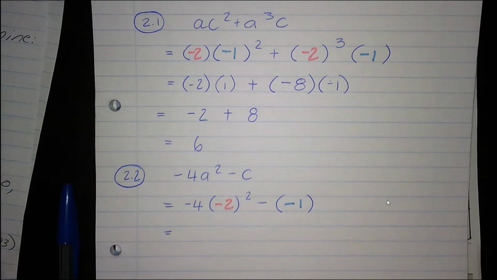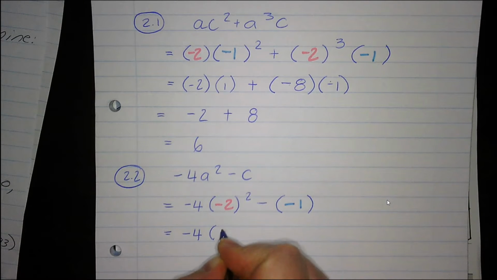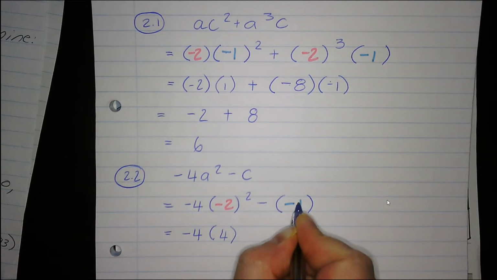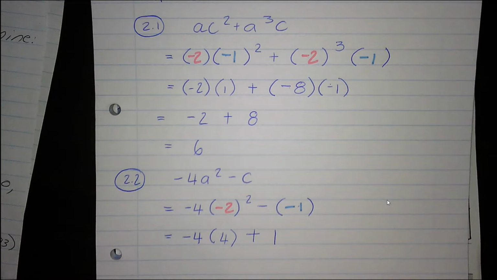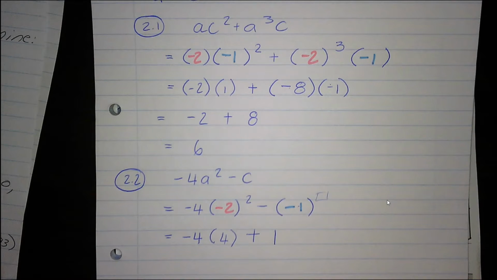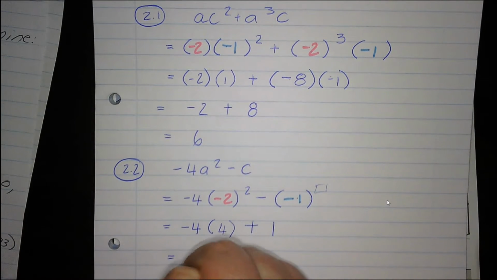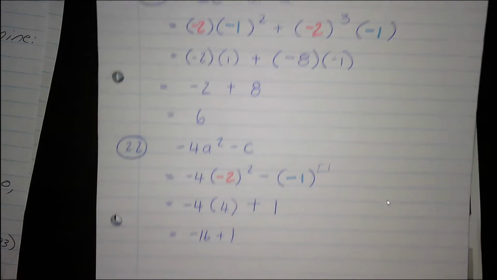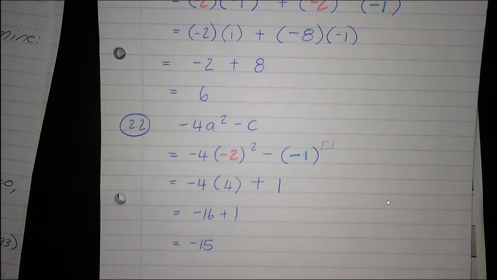That's going to give me -4, and then -2 squared is +4. Negative and negative next to each other make a +1. I can only do that because there was no power over there. -4 times 4 is -16 plus 1. -16 plus 1 is equal to -15.